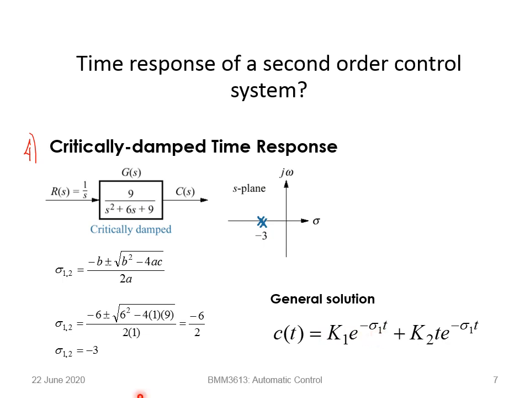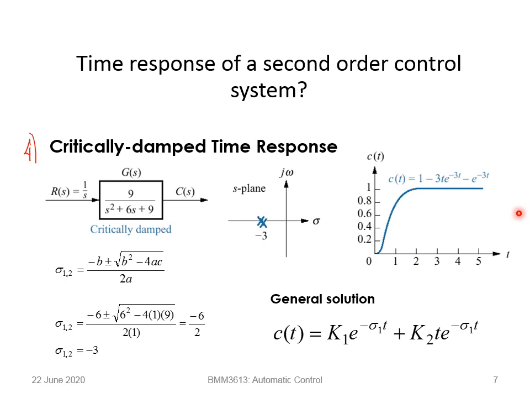We have two sigmas, but they are all at the same value of minus 3, so the minus 3 value can be substituted for minus sigma 1 in this general solution. If you plot this graph, we have something that looks like a first order time response, and you might think that it looks like the first category, which is the overdamped system.